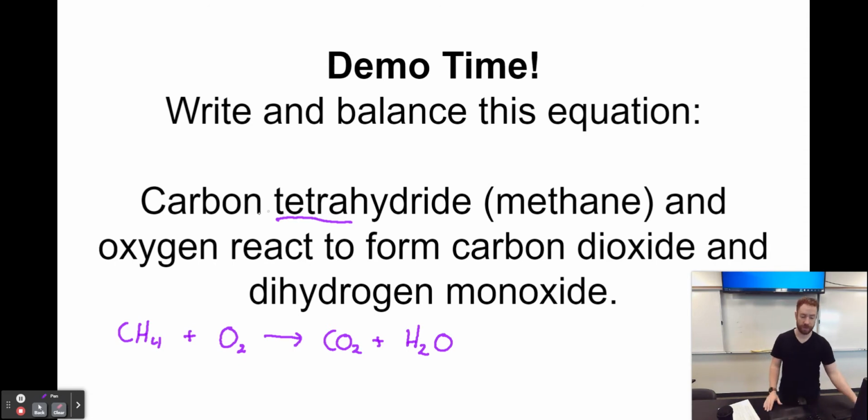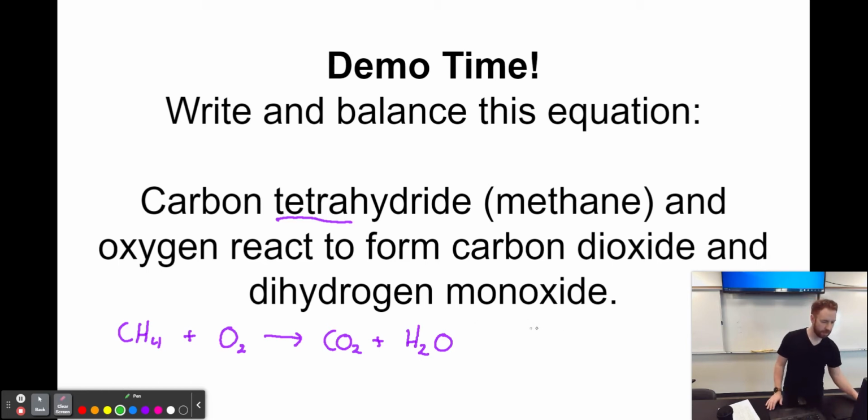Now, let's go through the balancing process. And if you want to pause the video so you can try balancing it yourself, please do, but I'm going to jump right into it. Let's do green for this balancing. All right, reactants, products, T-chart. I always struggle with making the vertical line straight.